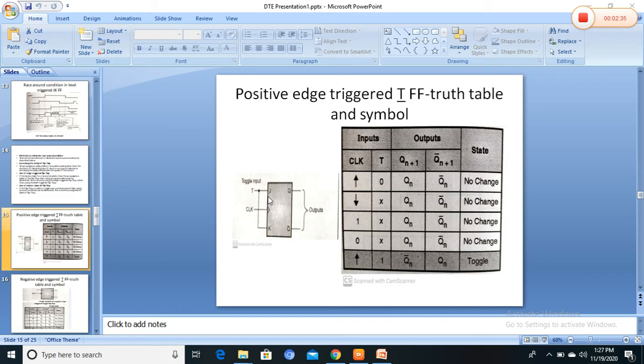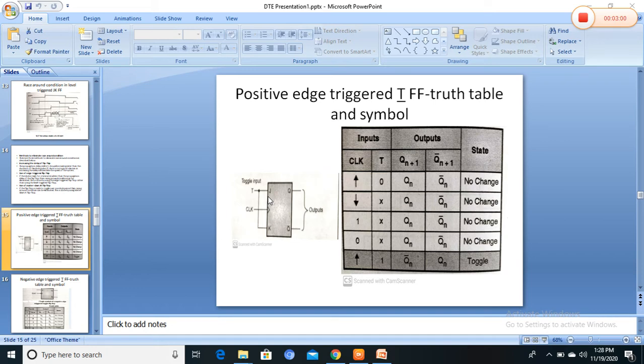But in a D flip-flop, we do not use S equal to 0, R equal to 0, or S equal to 1, R equal to 1. In those conditions we do not get the output, but in the 0 1 and 1 0 conditions we get the D flip-flop output. S and R are combined, giving one input, the D input. In this toggle flip-flop, J and K are combined and we get the input T.